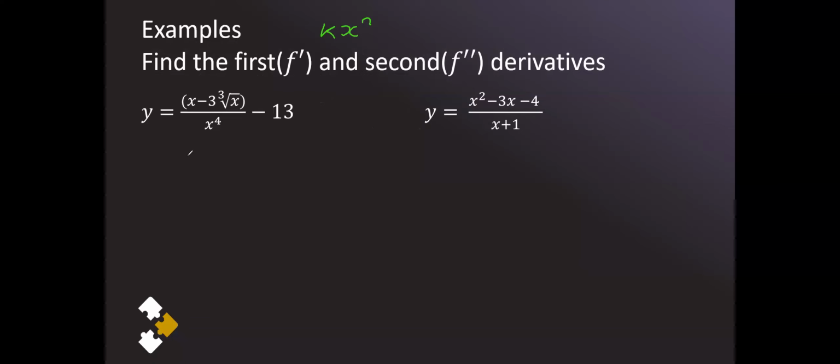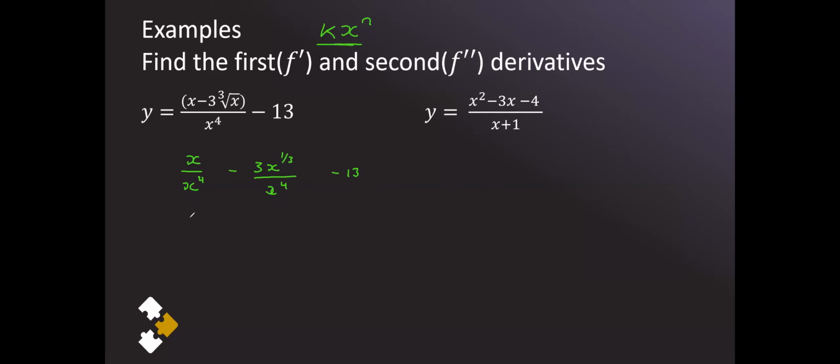Here, I'm going to write it, I want to separate it. x over x to the power 4, minus 3. I know that this is x to the power of 1 over 3, over x to the power of 4. Then there's a minus 13 at the end. It's still not in this form.